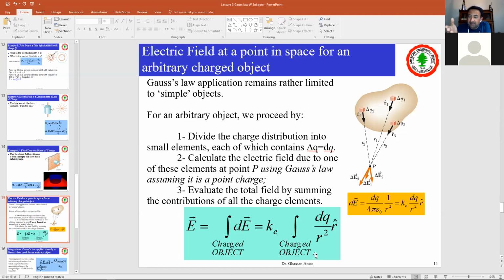What we did is use a mathematical trick, where a macroscopic object is divided into tiny element sources. Each element source is considered to be a point source. Since I know the electric field of a point source, then I can get my electric field for this object. And now my integration is no longer over a Gaussian surface, but rather over the object itself.